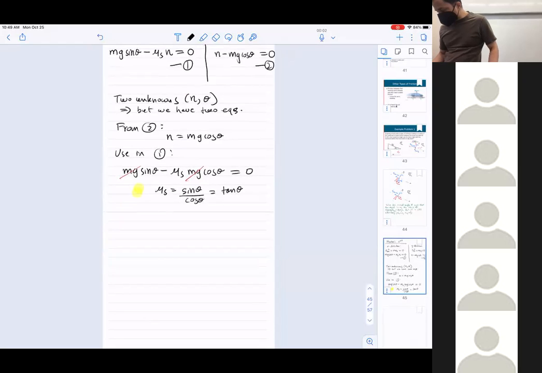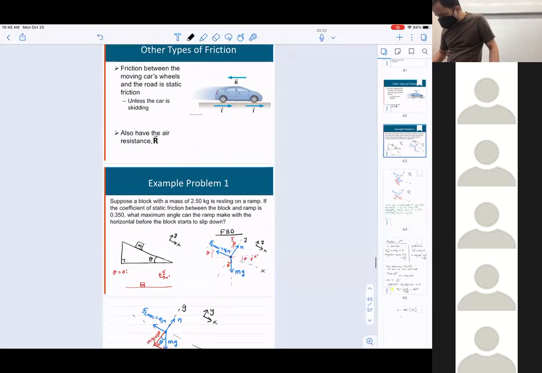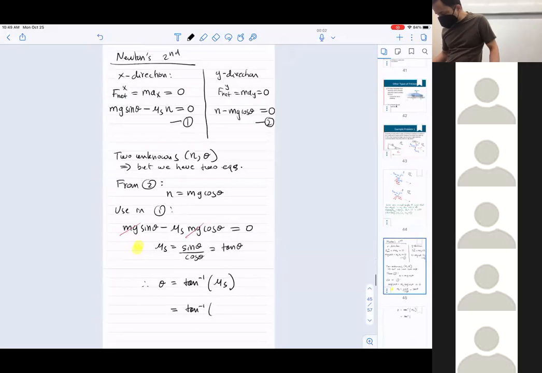And so I can now say that theta is equal to the tangent inverse of the coefficient of static friction. And this was given to us as tangent inverse of 0.350.